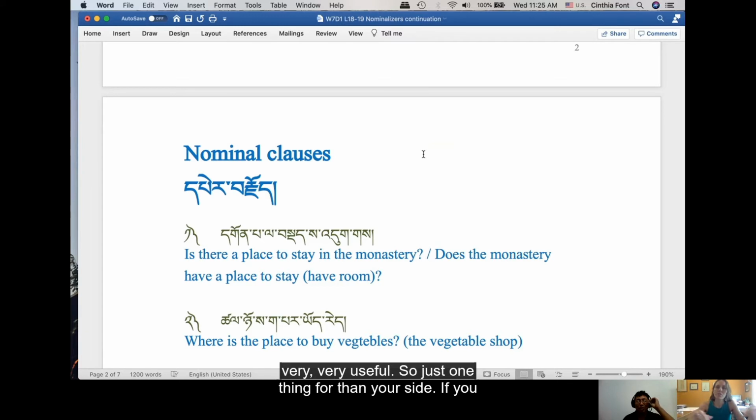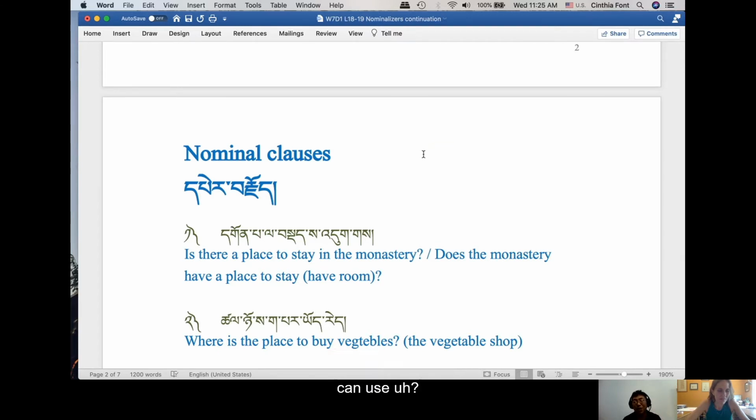So yeah, just one thing for the nyosa, if you are looking for a stage shop, right? So you have to use kunda nyosa. If you're looking for a prayer flag shop, you can use lungda chonggang. So this is also important.